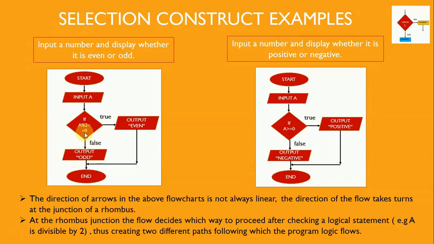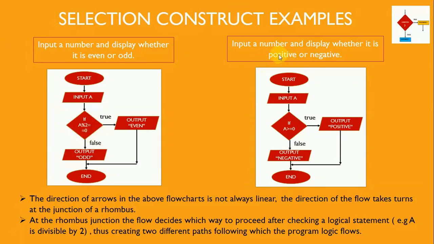And if it is false, it will display odd, and the program flow will be like this, and it will end here. So one path is this, and the second path is this. Out of these two paths, only one path will be executed depending upon the outcome of this conditional expression.